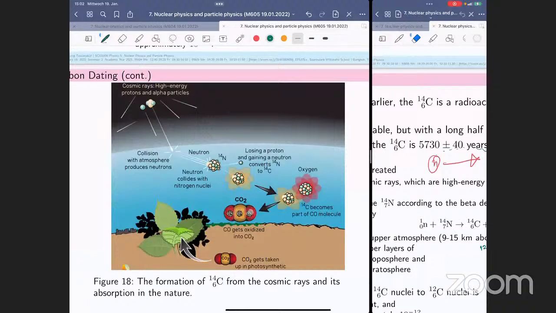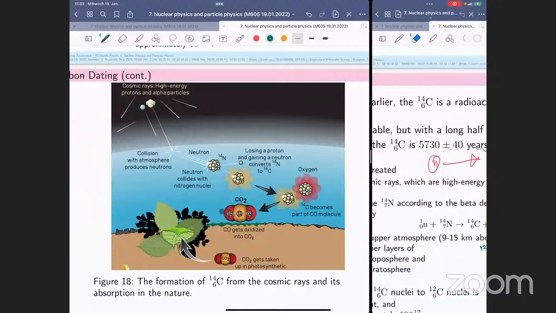Carbon monoxide also gets oxidized into carbon dioxide. And we have plants on Earth, this planet that has plants. The plants will take carbon dioxide into their chlorophyll process and so on, and they will have the carbon dioxide, which is the 14 version of the carbon, inside their body.